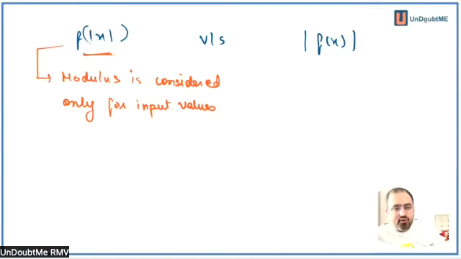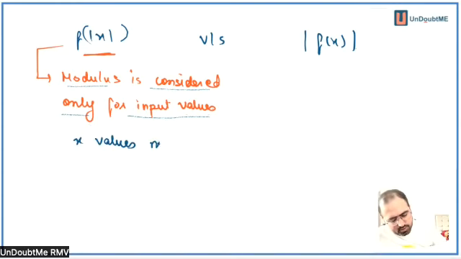When I'm saying f of mod x, it does not mean that it cannot have a negative answer, meaning a negative y value, because the modulus is considered only for input values. It means x values must be greater than or equal to 0.